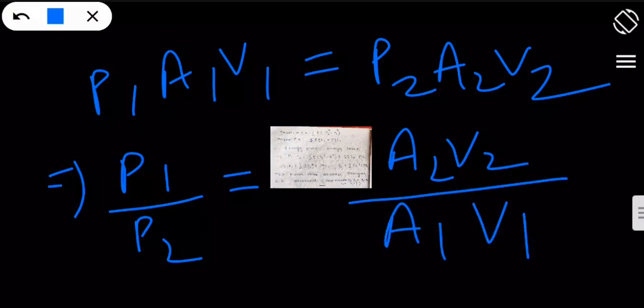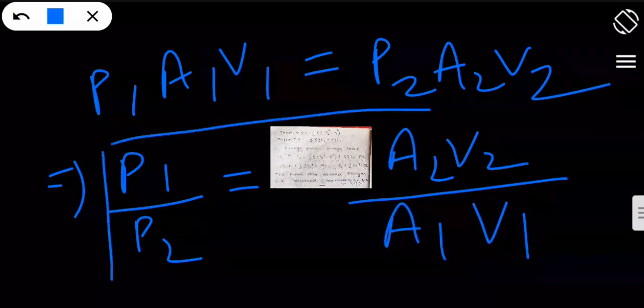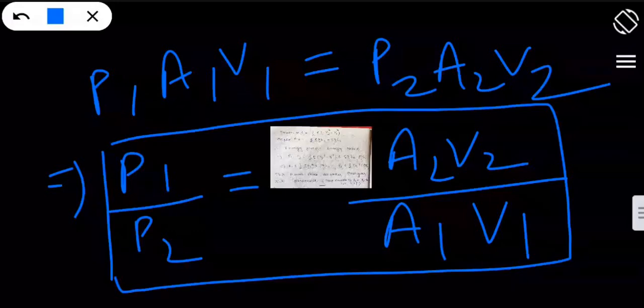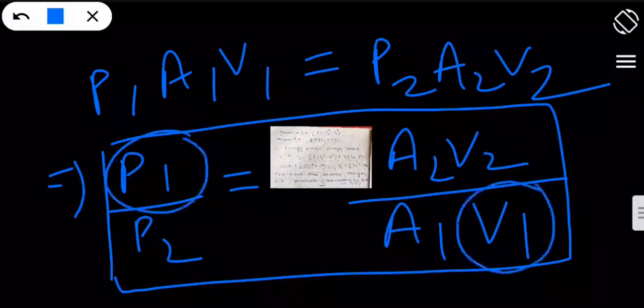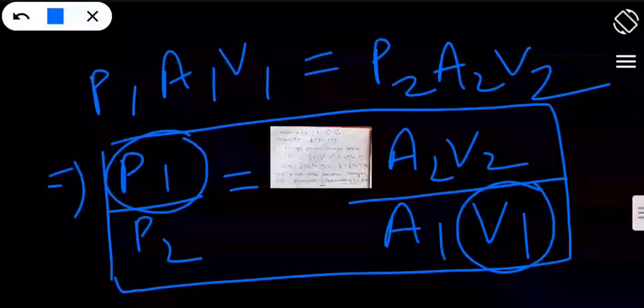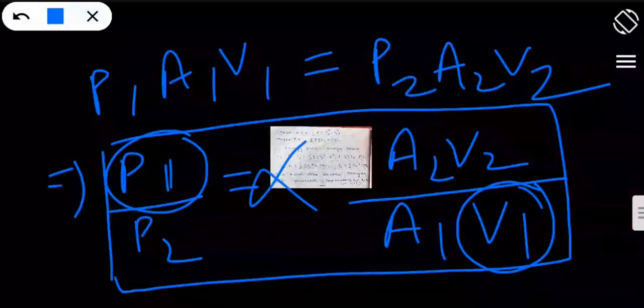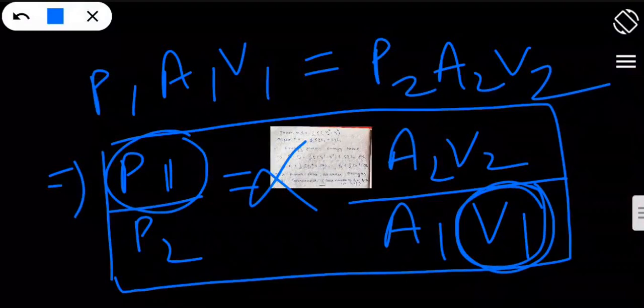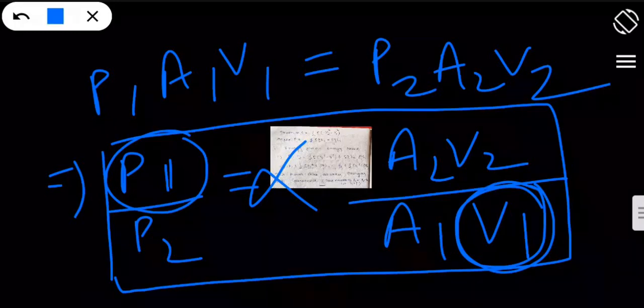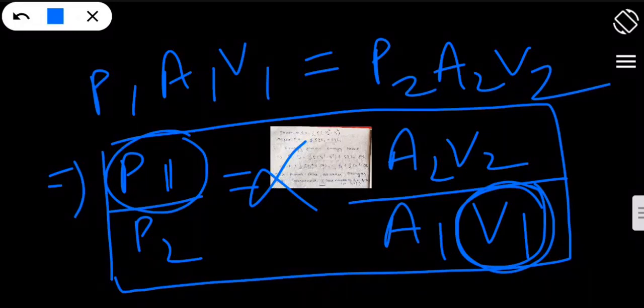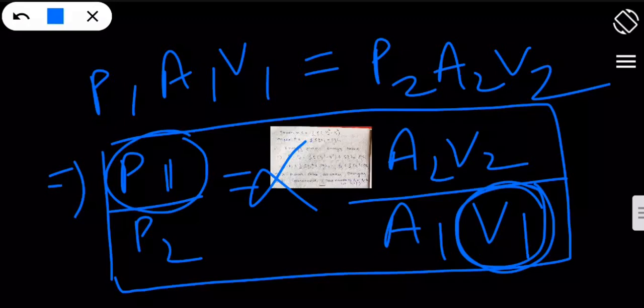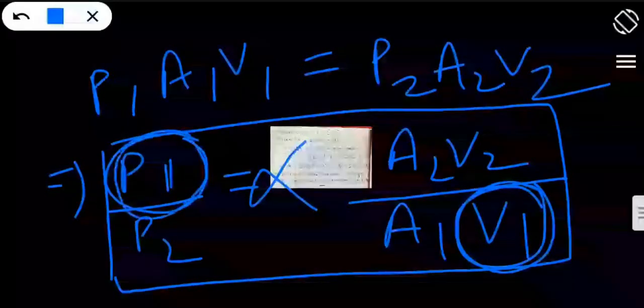Just look at this concept and find out what the only point to concentrate on is. That is, your pressure is inversely proportional to the velocity, right? This V is the velocity, P1 is inversely proportional to V1. This was the very important concept provided by Bernoulli's theorem. One part is that energy throughout the system remains the same, and the unique thing found from that equation is that if work done on all sides is the same, then pressure is inversely proportional to the velocity.